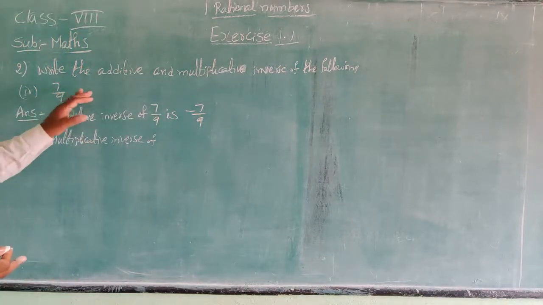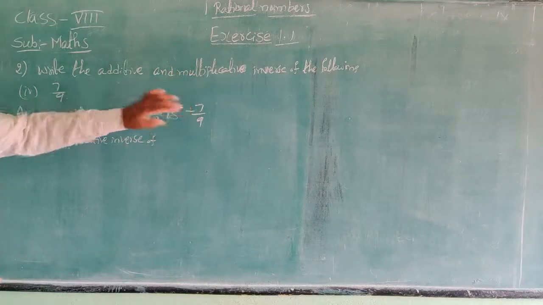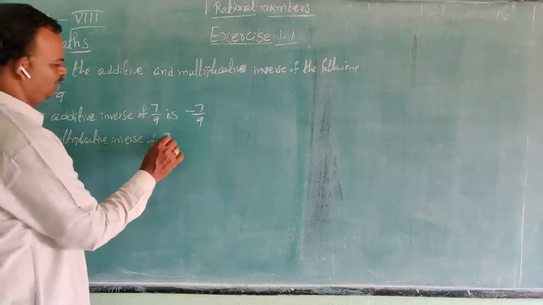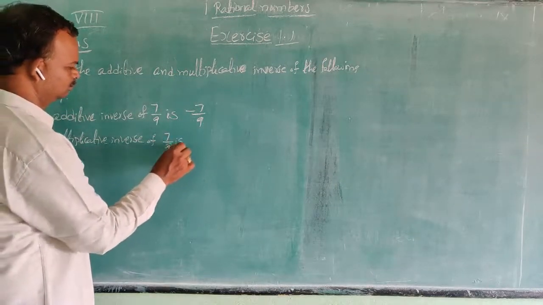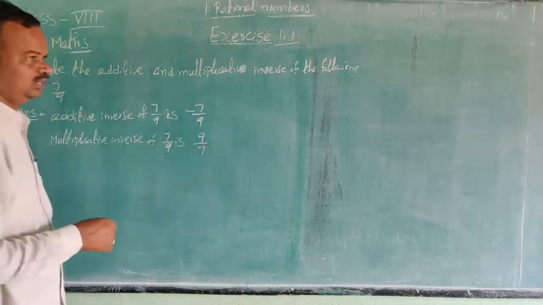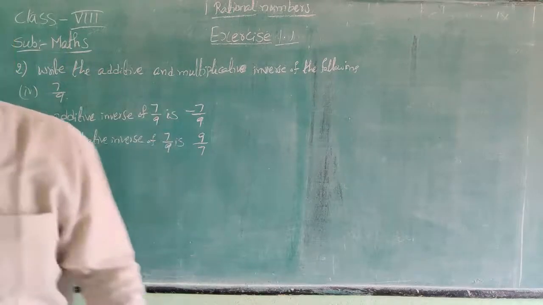That means here 7 by 9 is a positive value, so the additive inverse is the negative value, minus 7 by 9. Similarly, the multiplicative inverse of 7 by 9 is 9 by 7, the reverse value.